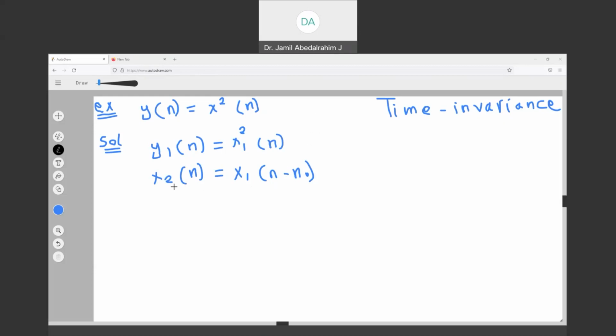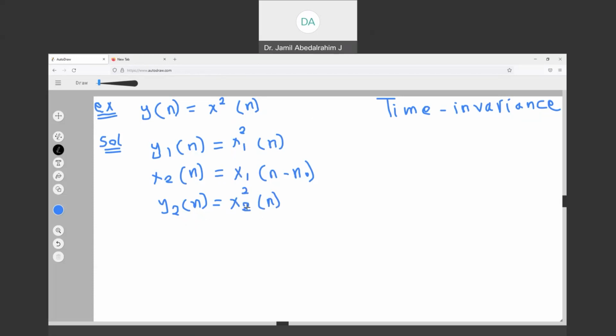So the second output, y2 of n, will be equal to what? y2 of n equals x2 to the power of 2 of n, because it is the same equation.